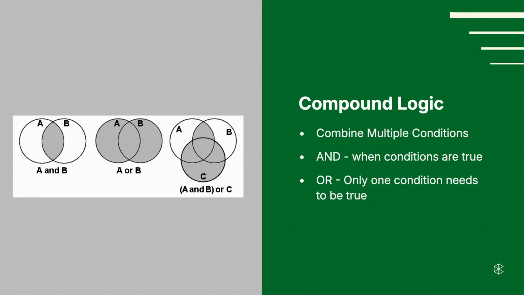So next topic, compound logic. Combine multiple conditions with a statement of AND, which you just saw on the previous slide, when all conditions are true, or OR, where only one condition needs to be true. To explain this diagram, an AND statement means condition A and B, and the shaded section is essentially the true section that will trigger it.